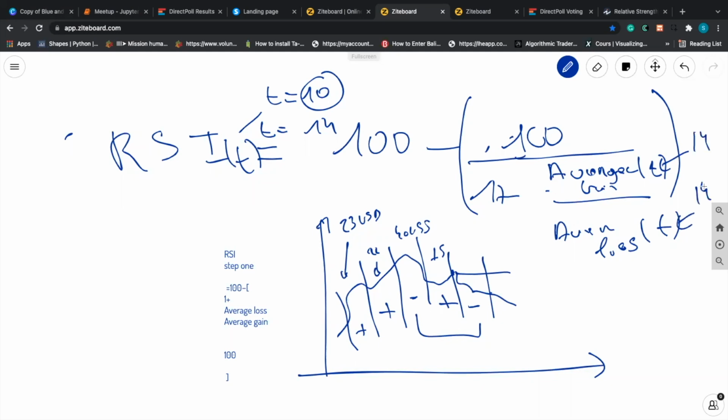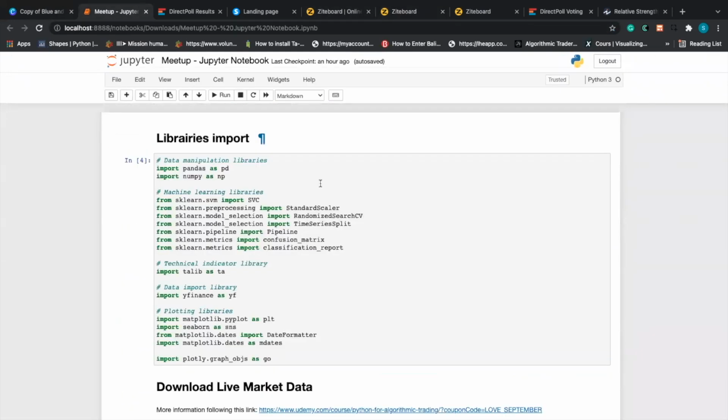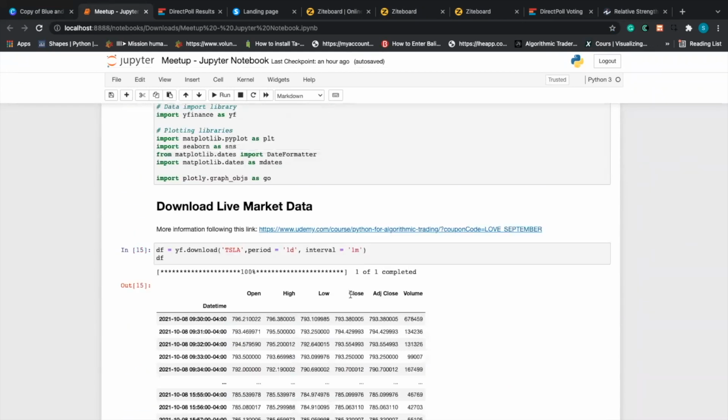And how you can develop it through Python, you have two ways. For people who are enrolled in the course, you have a full description of the RSI.